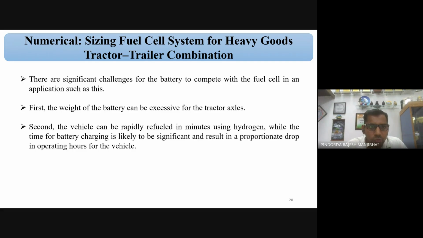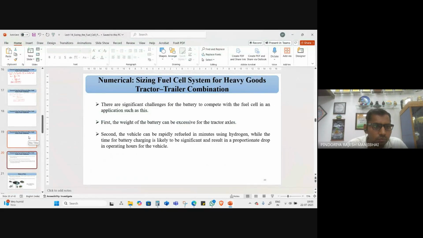So comments we have to give. There are significant challenges for the battery. So the battery part is remaining, correct? So I will add one more slide. So we will calculate the second part also.